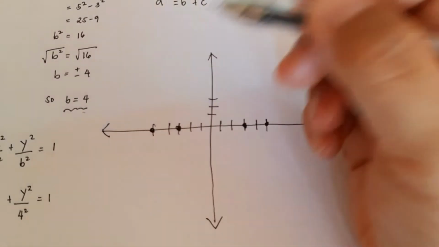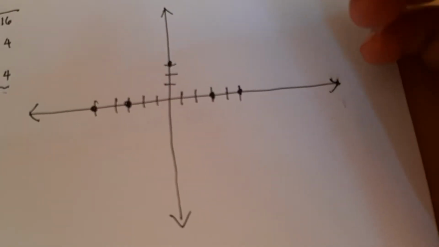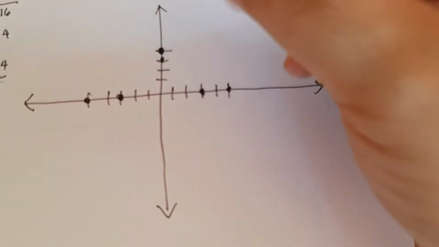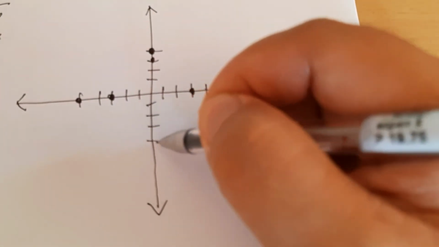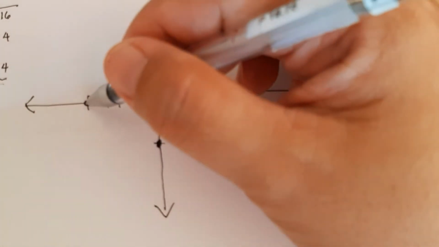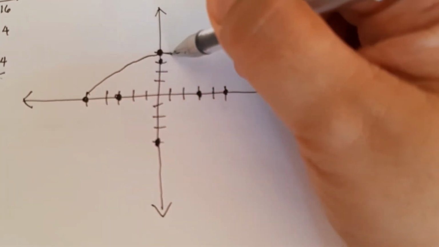And here. And then, the intercept is here. And then, 1, 2, 3, 4, and then here. So, this would be your ellipse.